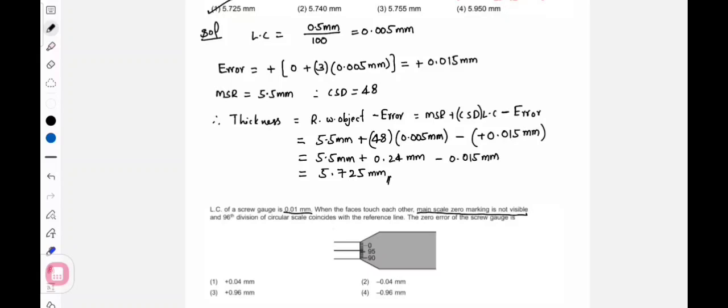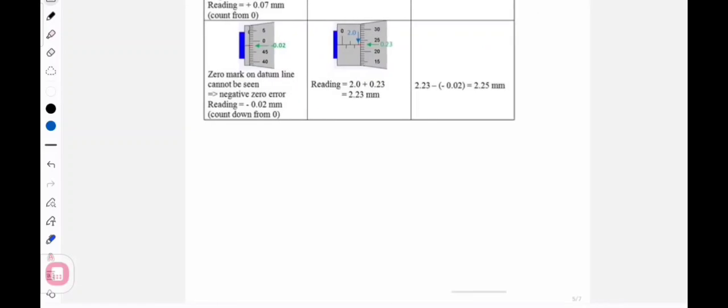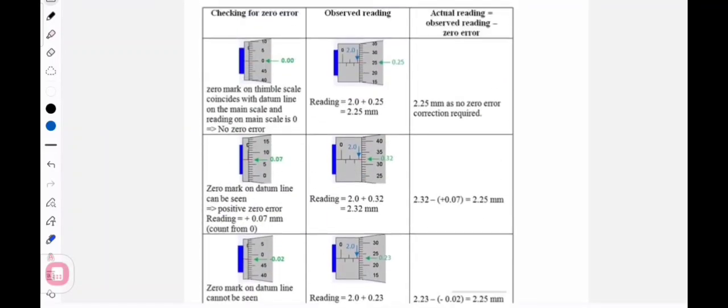Least count 0.01 mm. So the answer is minus 0.04 mm. That's how we'll find the reading. So this is for your reference.